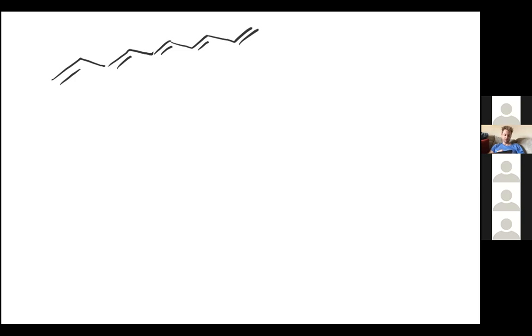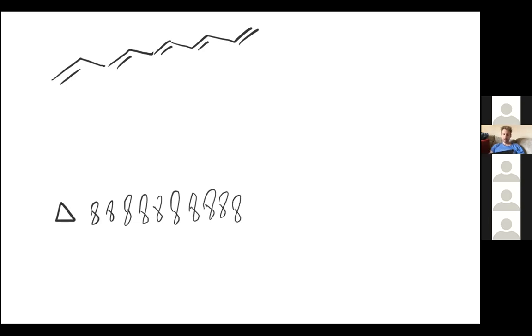If you heat this solution, we've got 5 double bonds, which means that you should end up with 10 orbitals. Heat is going to cause us to have a pattern of 2N, so we're just putting them in pairs.